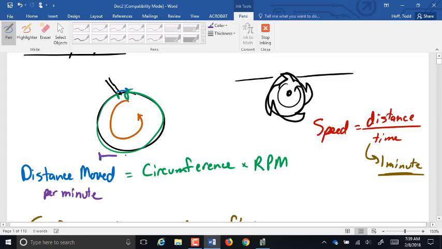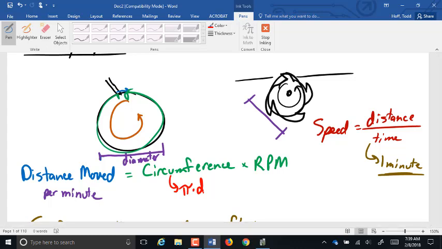But let's start out. We have a diameter, either of the material that's turning in a lathe or the diameter of the tool in a mill. The circumference is going to be pi times that diameter. So in either case, whether it's the material spinning in the lathe or the tool spinning in the mill, the circumference is pi times the diameter. And then, of course, times RPM, we're going to use N to represent the number of RPM.